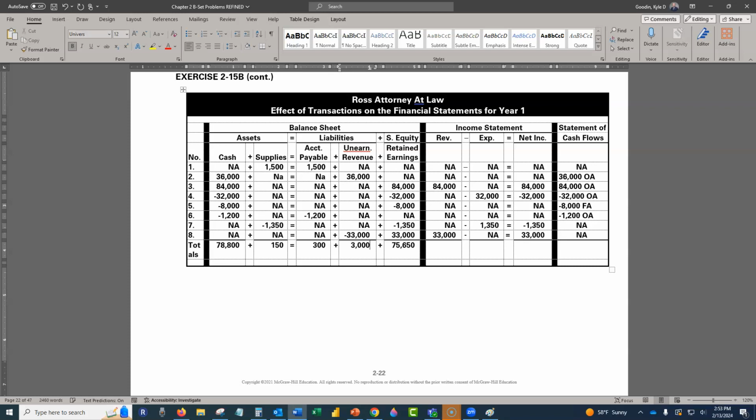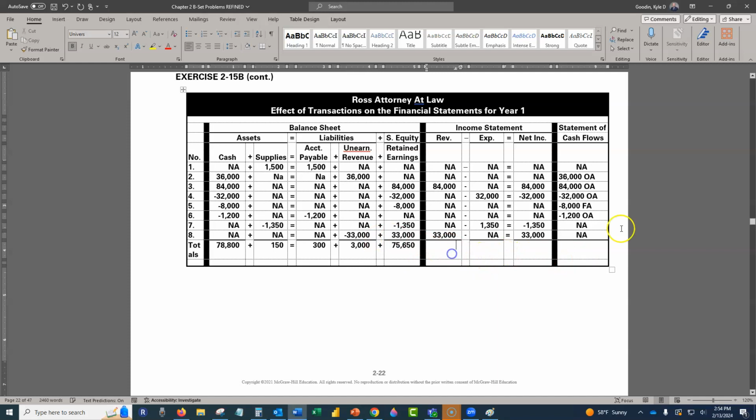And then we had $3,000 worth of unearned revenue left to collect. If we add all this together, 75,650 plus 3,000 plus 300, you will see that 78,950 equals 78,950. We are in balance. This is a good thing.